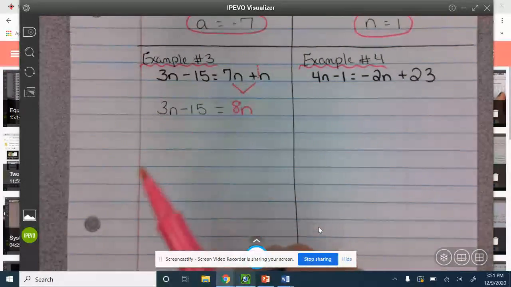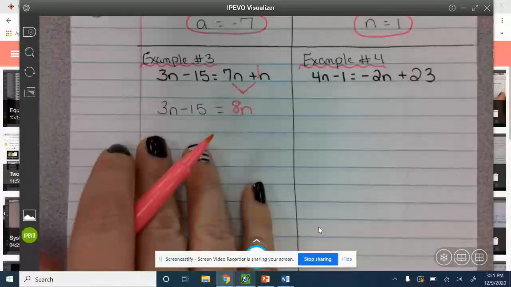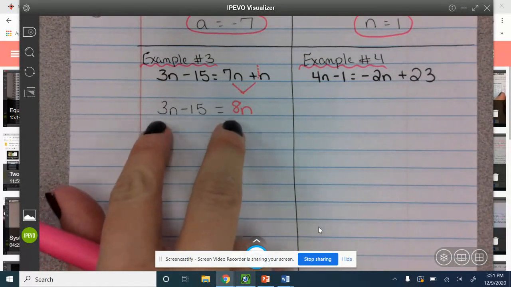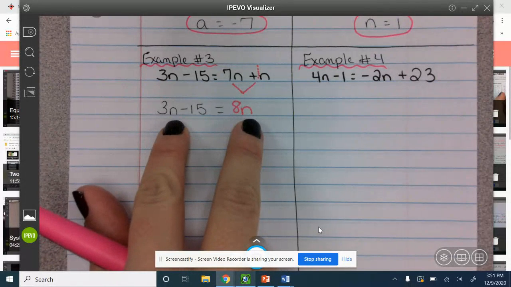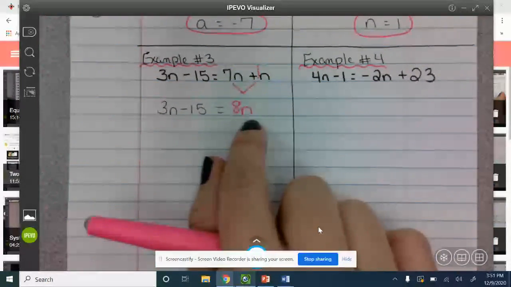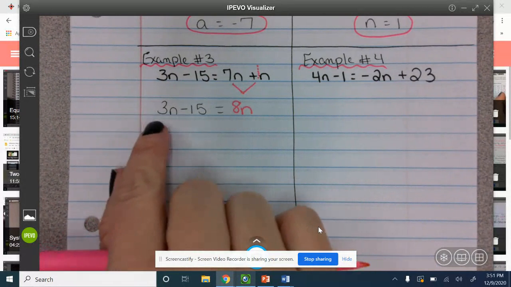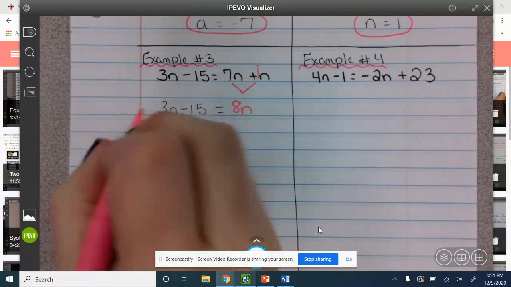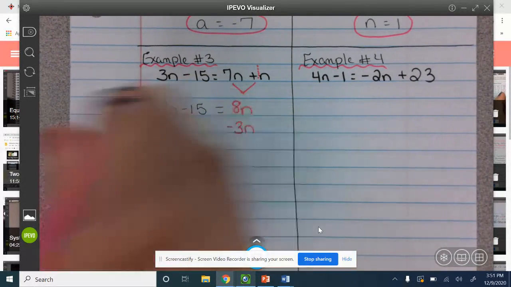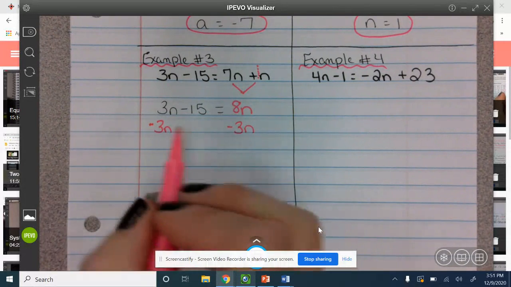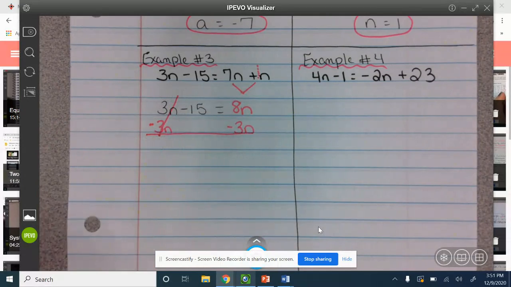At this point, it is kind of a two-step equation, but it looks a little different from any that we're used to seeing. I still have variables on both sides of my equal sign, so I need to get them together. I don't want to move 8n because that would leave nothing on this side, so I need to move this 3n. What is the opposite of positive 3n? Minus 3n. So we're going to subtract 3n on both sides. 3n minus 3n cancels out.